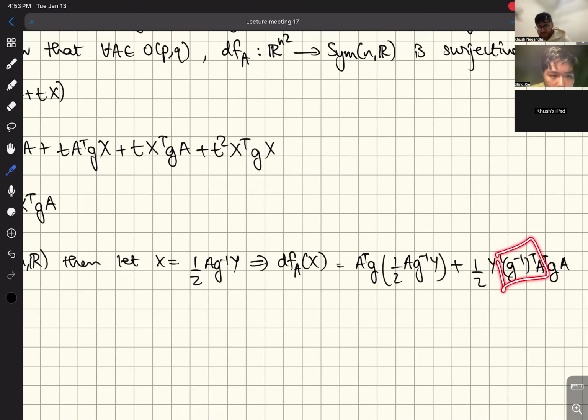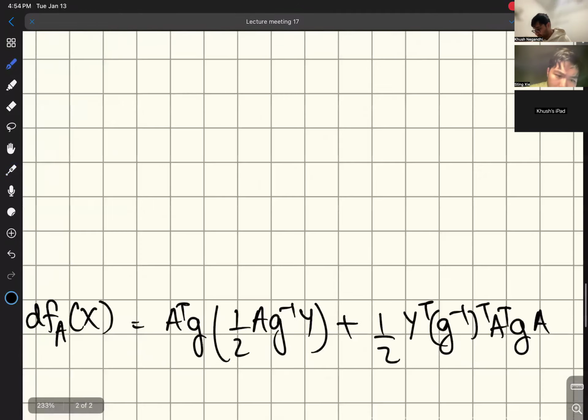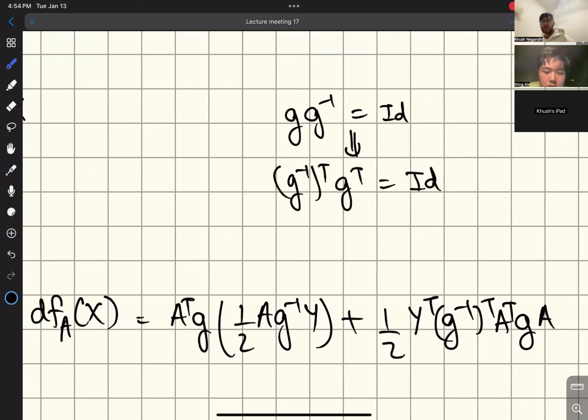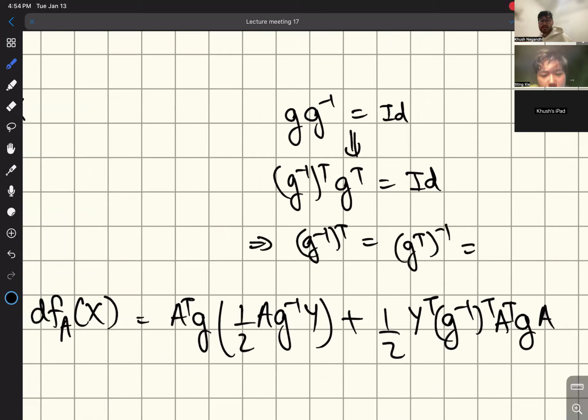Hence, G inverse transpose is just G inverse. If you're not convinced, it's easy to prove. We know G inverse G is equal to the identity. If I take the transpose of both sides, I get G inverse transpose G transpose equals the identity, because the transpose of the identity is the identity. This tells you that G inverse transpose is the same thing as G transpose inverse, but G transpose is just G, so it's G inverse.